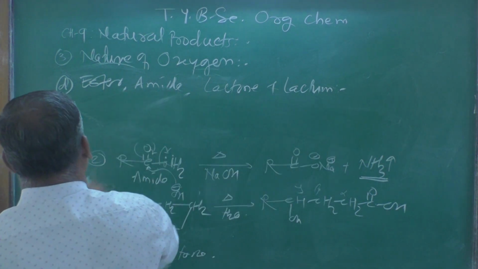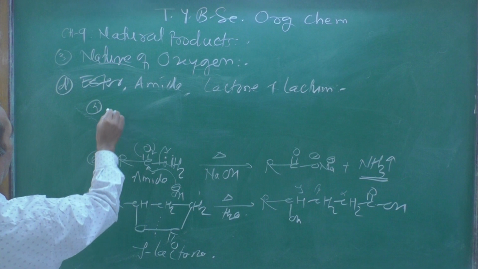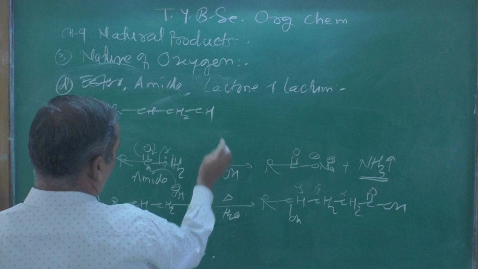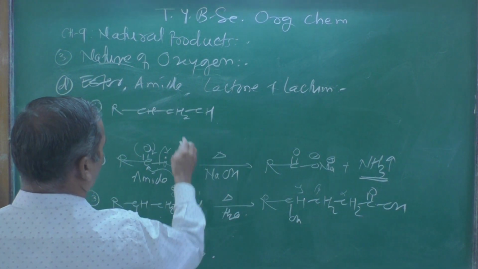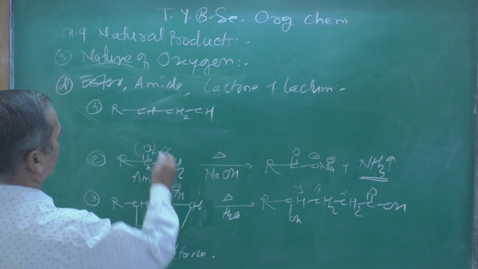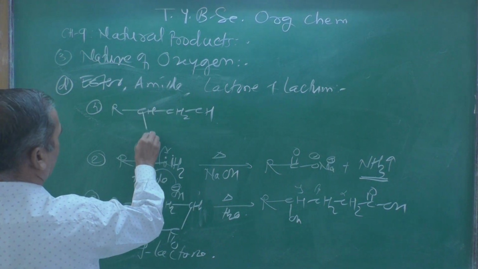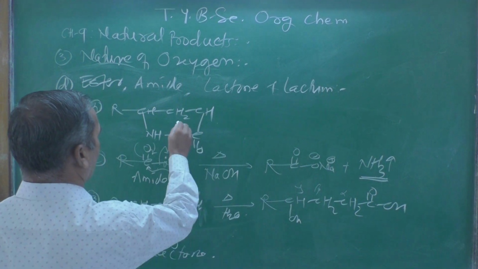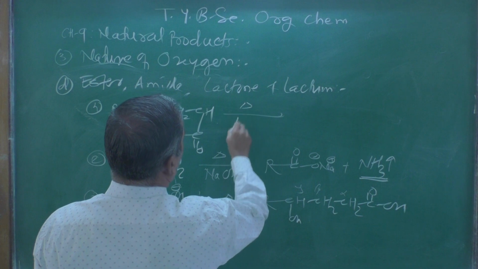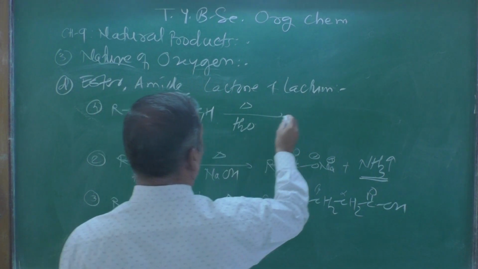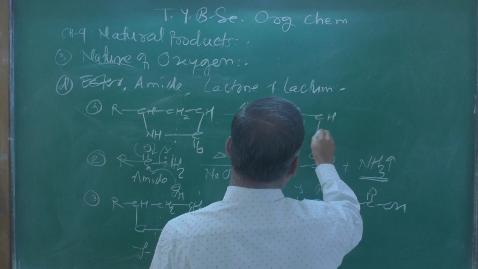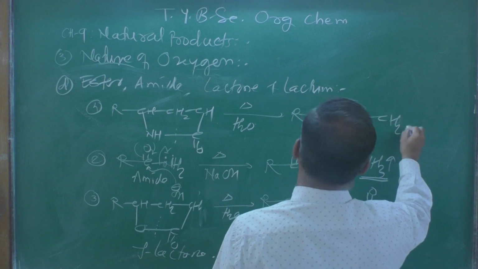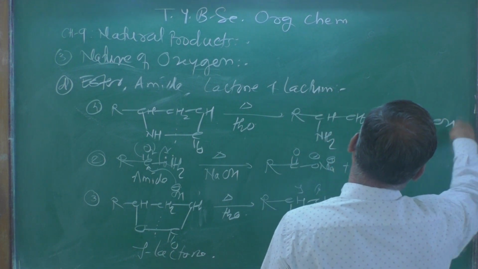Let us see the structure. The fourth one is a lactam: R, CH, then CH2, CH, sorry, here it is only CH because carbon never shows 5 bonds. So here you can write the NH, then C double bond O, that is the ring. And now again this ring is going to break on heating in the presence of water. What do you get? Same R, CH, then NH2, then CH2, CH2, then C double bond O and OH.